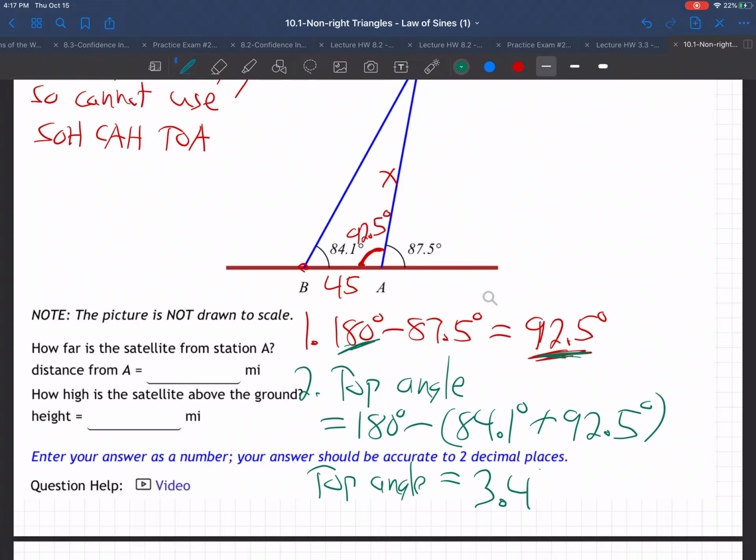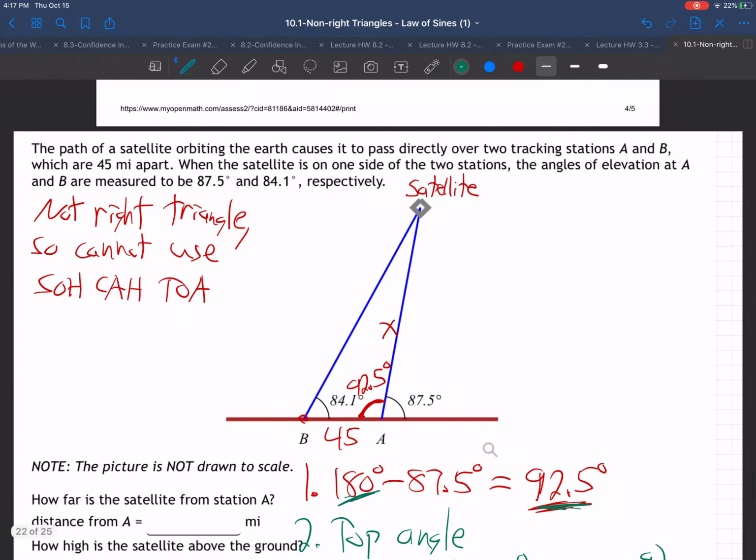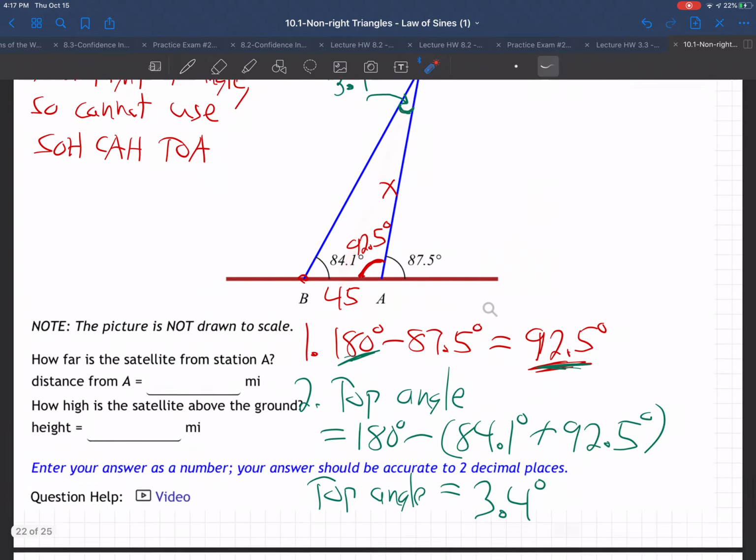It's not a very big angle. So the top angle is 3.4 degrees. Now, why is that so great? Well, now I have an angle and a side across from it. I can use law of sines. Remember, when you have an angle and its opposite side, that's when you want to use law of sines.